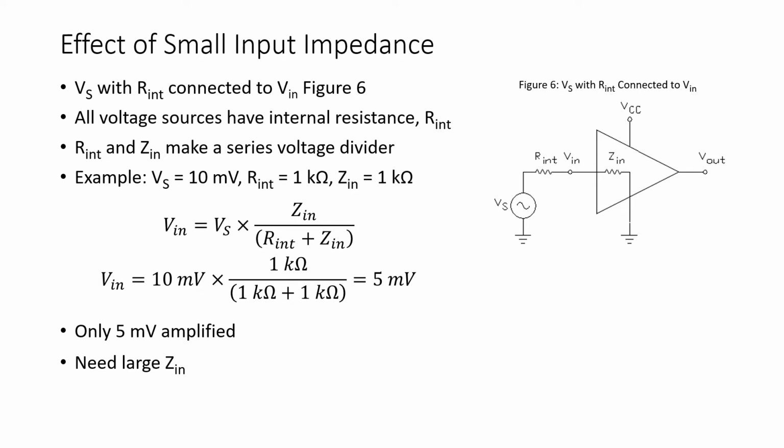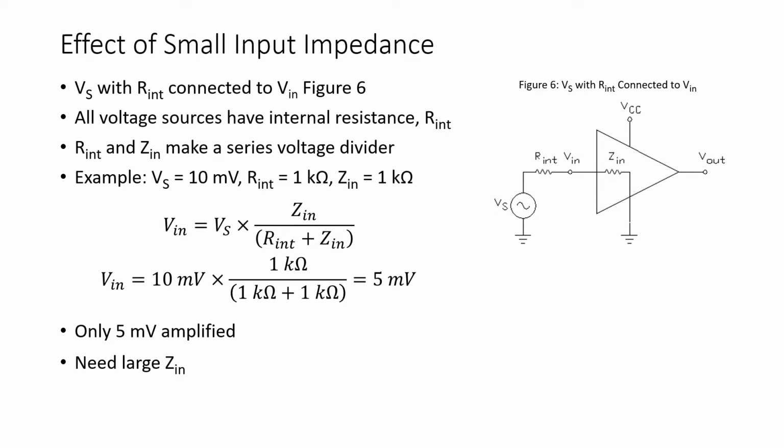In Figure 6, we see a source voltage, an AC signal, Vs, connected to the input of an amplifier. As we discussed many weeks ago, all voltage sources have some internal resistance. It doesn't matter what this voltage source is, whether it's a battery or a sensor, an EEG lead, all sources of voltage have some internal resistance.